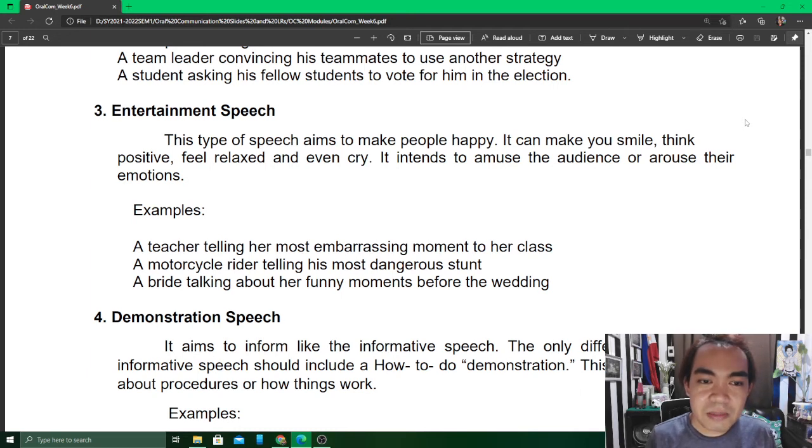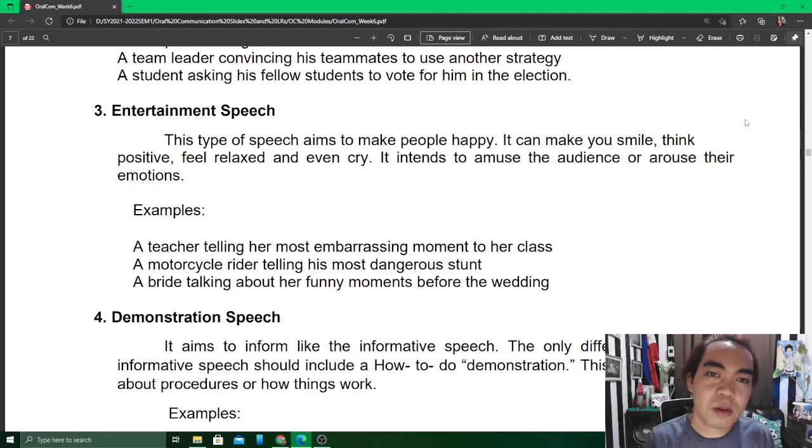Entertainment speech can also trigger sadness, sympathy, fear, or surprise, but only for the purpose of entertainment, not for any purpose beyond that. It intends to amuse the audience or arouse their emotions. Not only to make you feel happy, but to arouse emotions.